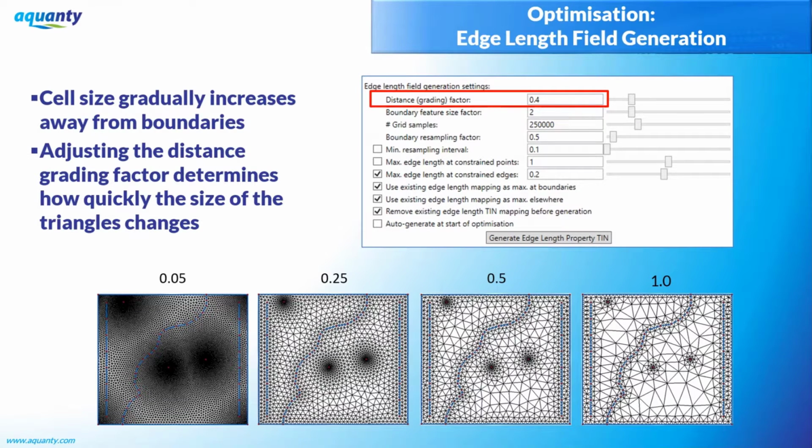So let's dive in a little more deeply with some of the options that we have here. Starting from the top, we have the distance grading factor. This controls how gradually the cell size increases away from the boundaries. Adjusting it determines how quickly the size of the triangle changes as you move away from a boundary. Small values have very slow changes, and high values have very quick changes.